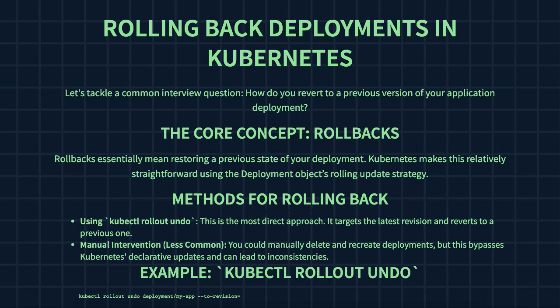You'll need to find out what that revision number is using kubectl rollout history. It lists all the versions of your deployment. Keep in mind that Kubernetes keeps track of these revisions, so you have options. There's also a less common method of manual deletion and recreation, but it's generally best to stick with the automated approach. And always remember, testing rollbacks in a non-production environment is key.